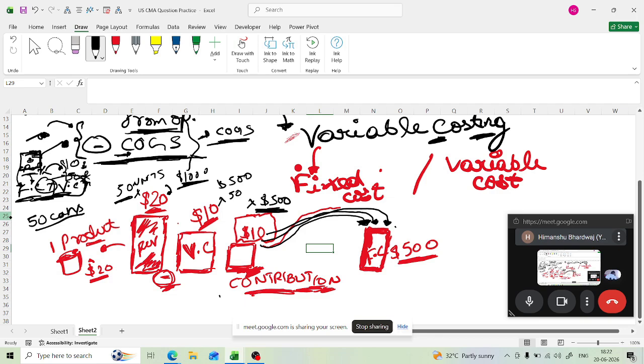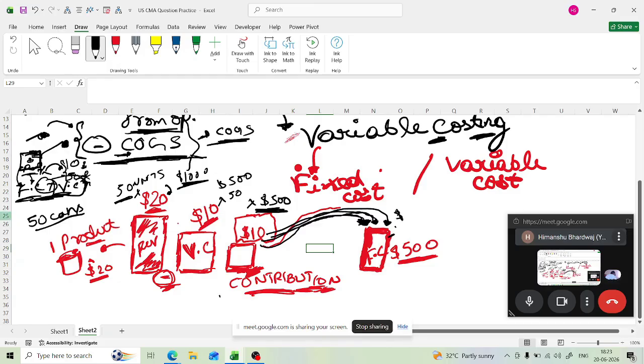Now, I can't keep this $500 in my pocket. I call it contribution. I'll have to contribute it to recover my additional cost, which is my fixed cost. So everything will be transferred into this bucket, and this fixed cost will absorb every contribution we have generated by selling some X number of units.